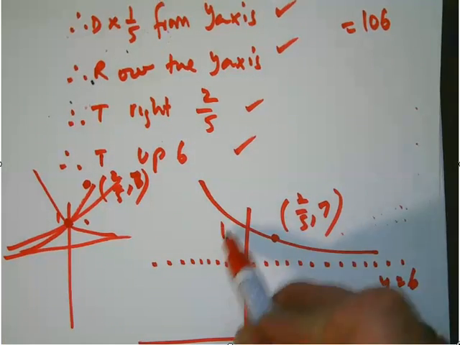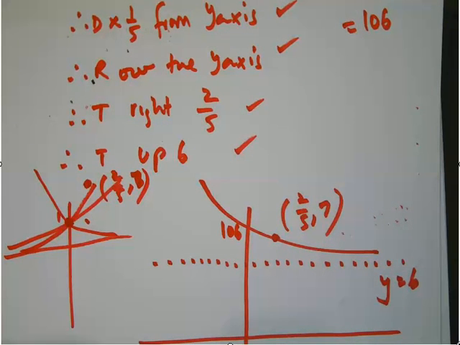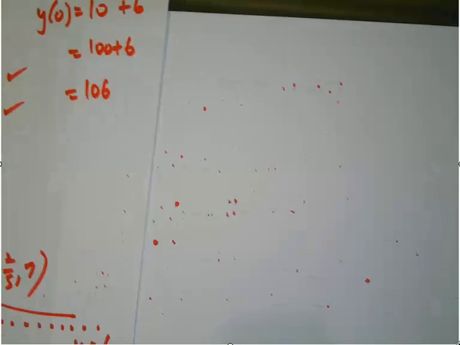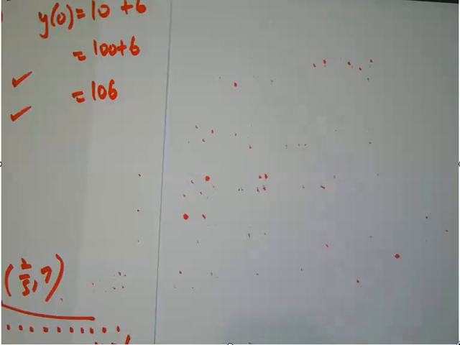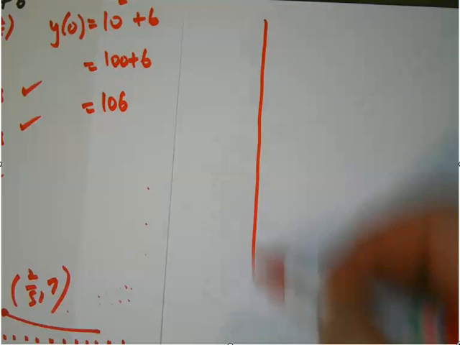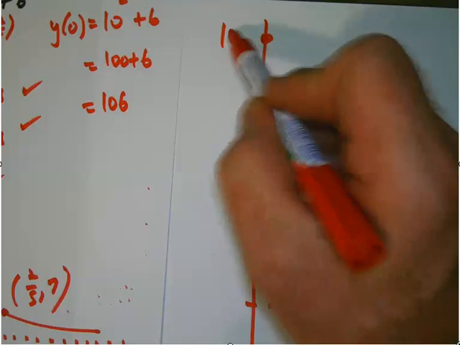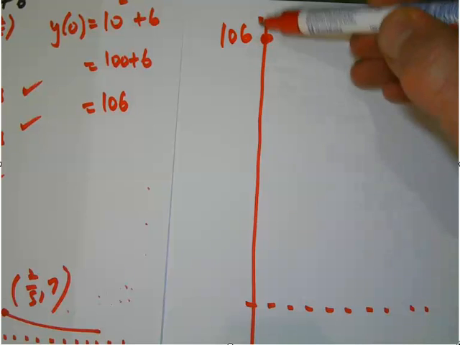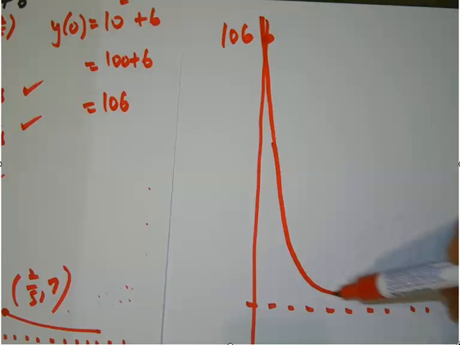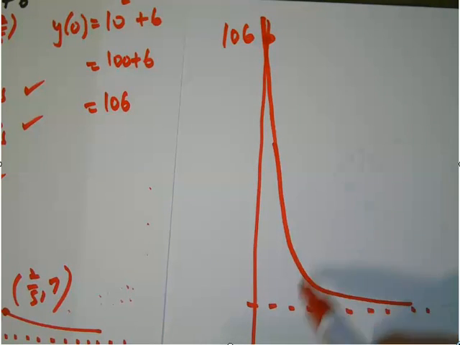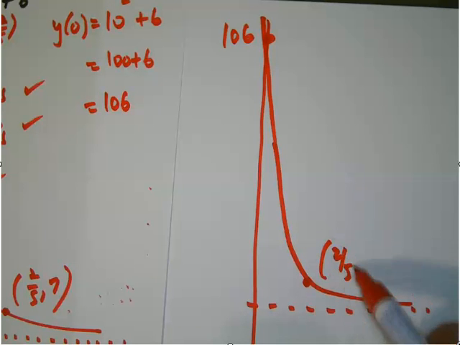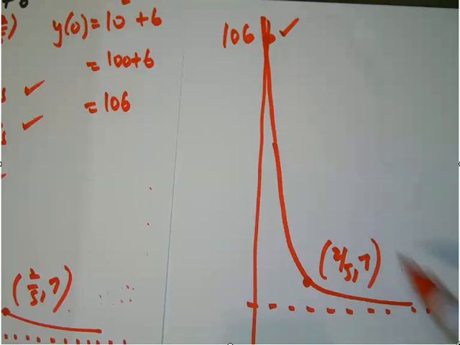So my scale is massively incorrect, and if I was to draw it again, I would need to, if that was an asymptote there at 6, and that up there was 106, and that is going to be 2/5 and 7. So I've got my y-intercept, I've got a second point, I have my equation of y equals 6.